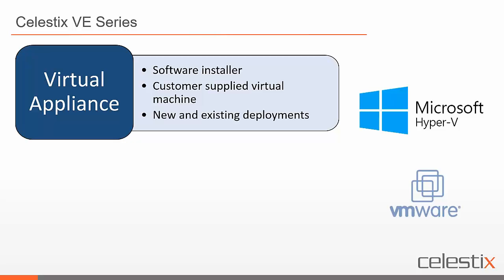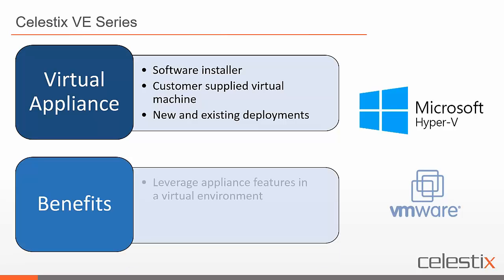And it's available for new and existing deployments, so if you've already deployed DirectAccess and you want to take advantage of some of the proprietary features of the Celestics platform, you can do so. All you have to do is install our appliance software on your existing virtual DirectAccess servers.